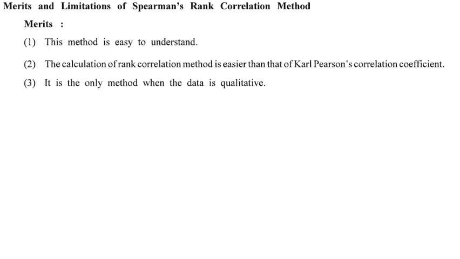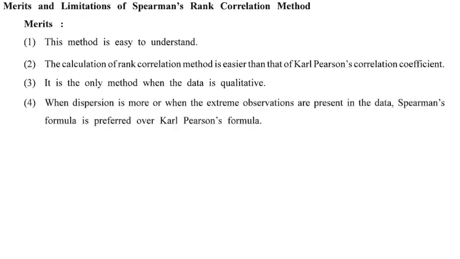The scatter diagram method and the Karl Pearson method were only for the quantitative data. This is the only one which can be used for qualitative data. The fourth one is the dispersion. If the dispersion is very high, when we can't use the data directly, this is the only method which gives a better result than the Karl Pearson's formula.